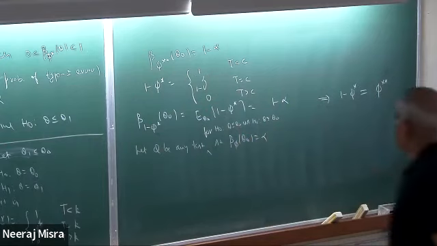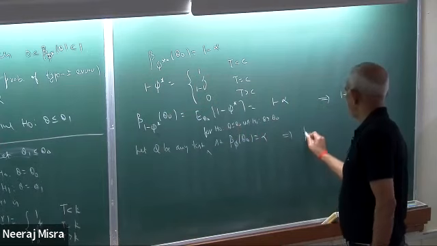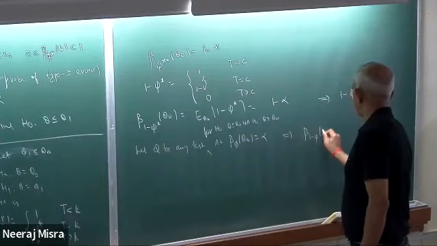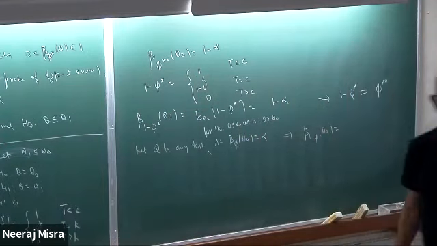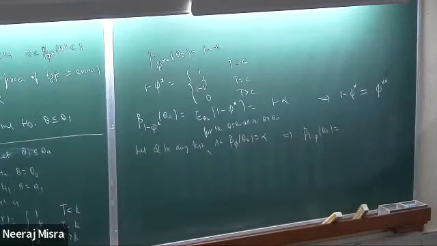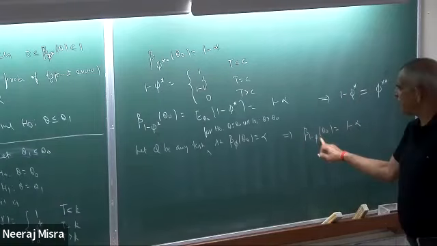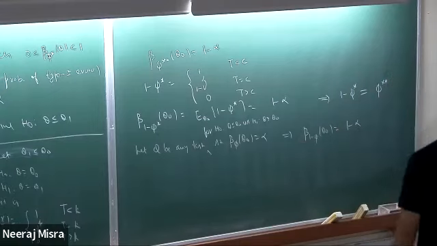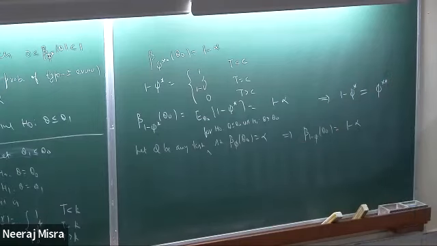What does that mean? This implies that beta of 1 minus phi theta naught would be how much? Expected value of 1 minus phi under theta naught, which is 1 minus alpha, right? You see, beta phi is nothing but the expected value of that test. So it would be the expected value of 1 minus phi under theta naught. Under theta naught, expected phi is alpha. So it would be 1 minus alpha.